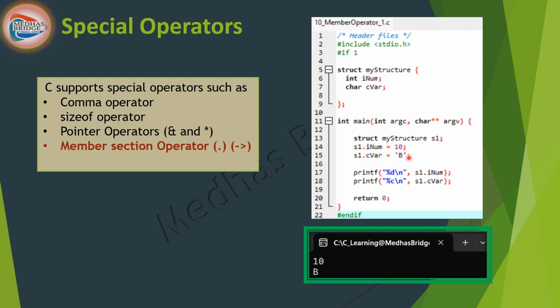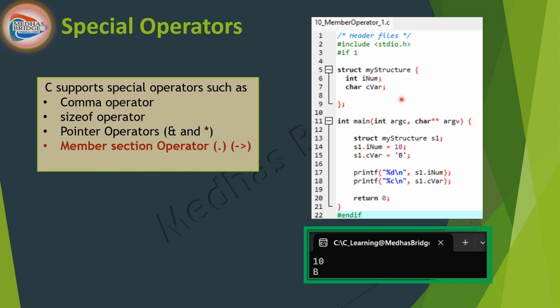This is how I could initialize struct members. When I print them, I still use s1 dot inum, s1 dot cvar. So this is how I can access the members of the struct. That's why these are member selection operators.